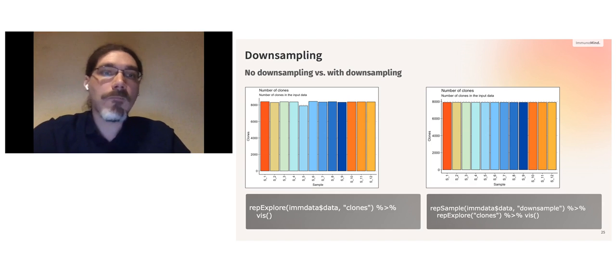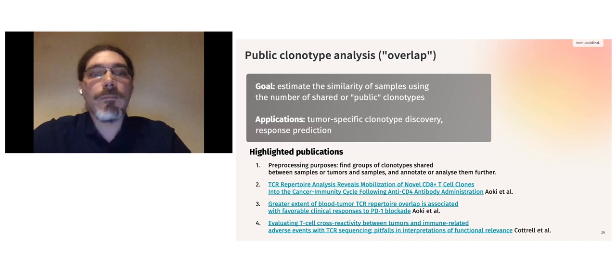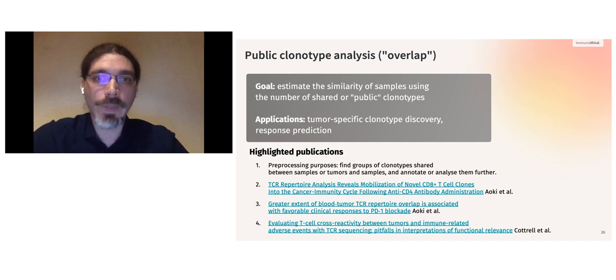And the last subsection in this small section is the well-known public clonotype analysis. The idea here is to estimate the similarity of immune repertoires using the number of clonotypes shared between samples. Some of the applications include discovery of tumor-specific clonotypes and prediction of response using very interesting indices.